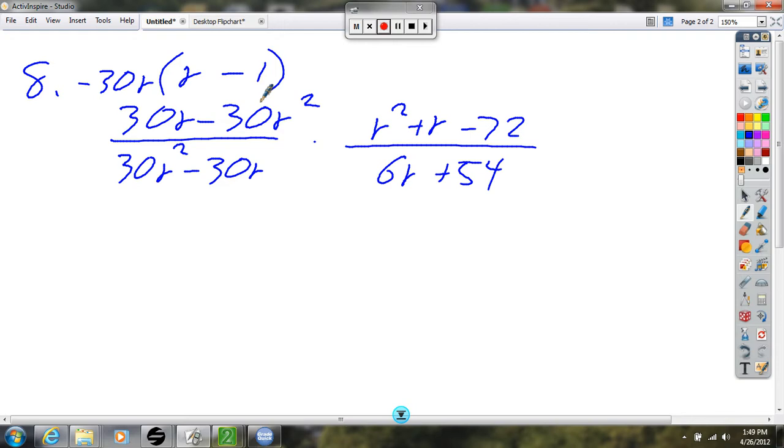Negative 1. Down here, what's common? 30r. So what's left? Negative 30r. No, because it's positive. This one's negative, so you take the negative out, so it'll be positive here. This one's already positive, so I don't touch it.